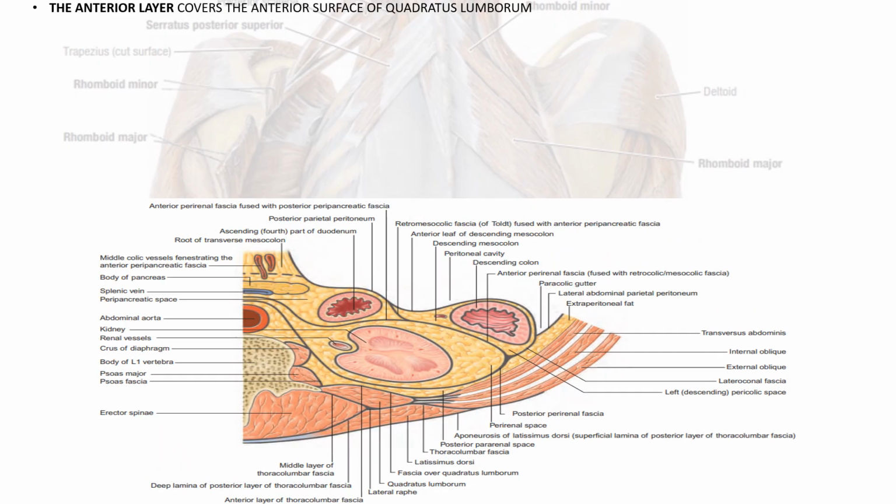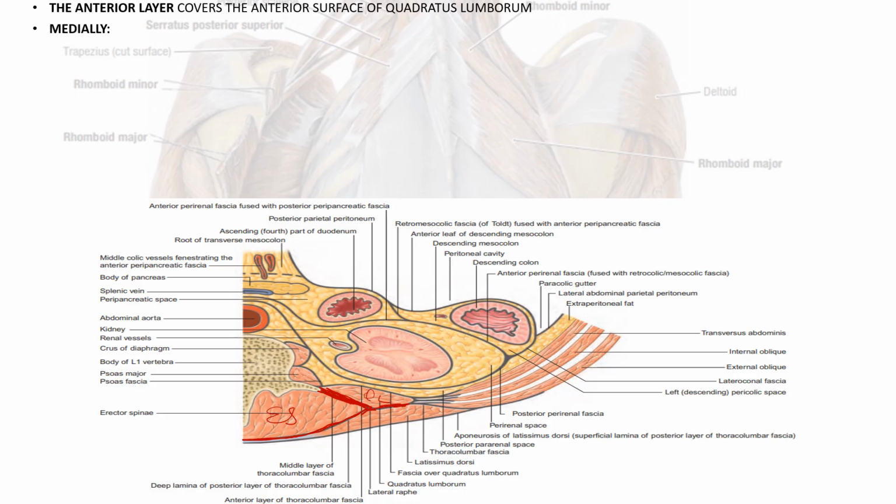Then the anterior layer. In this diagram, we will do a little bit of revision too, so that it is easy for you. So this one was the medial layer, which we just discussed, attached to the tip. Behind this, the posterior or deep layer is also known as the lamina. This one is erector spinae, this one quadratus lumborum.